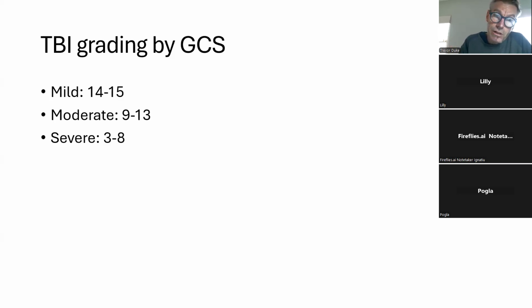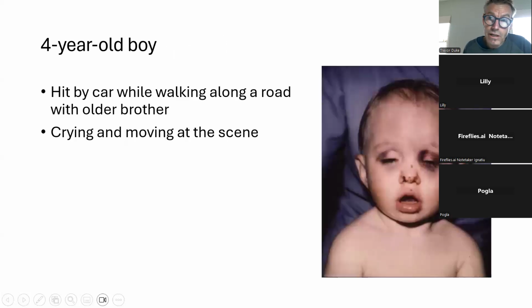And then a child who has a Glasgow Coma Score of 3 to 8 has a severe head injury, and they almost certainly have one or more of those intracranial primary brain injuries that I mentioned earlier, and they're at high risk of having a secondary brain injury from hypoxia or hypercarbia or hypotension or cerebral edema or bleeding or any other complication. So I'll just go through this case briefly.